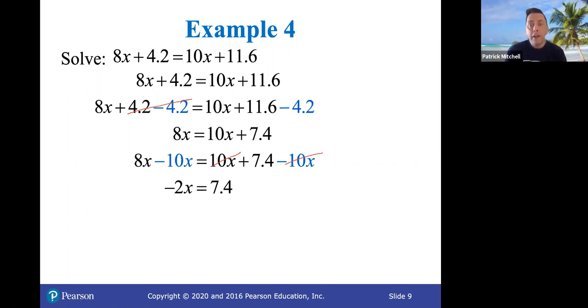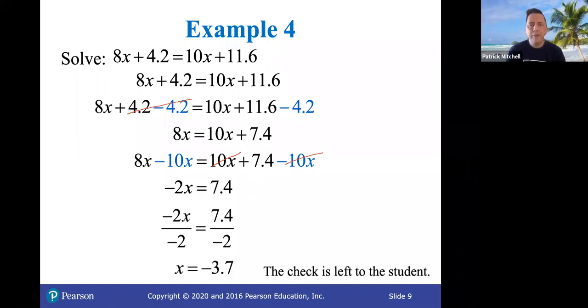So the way to get rid of that negative 2, because it's being multiplied, is to divide, right? Divide by negative 2, you're left with x equals negative 3 7/10. And again, it would be a really good idea to check that one.